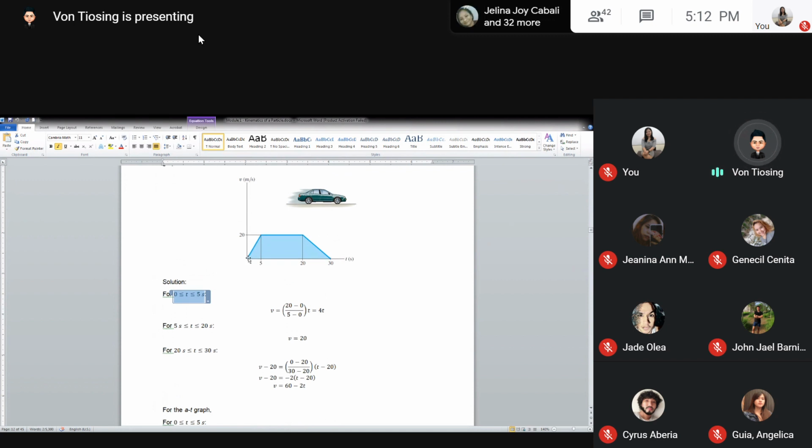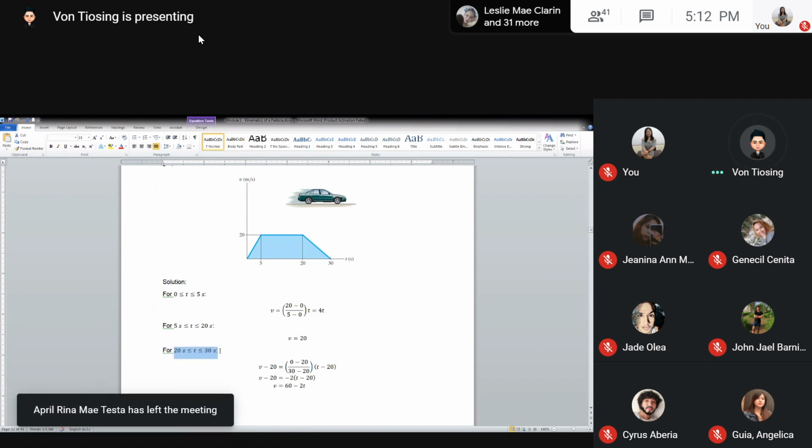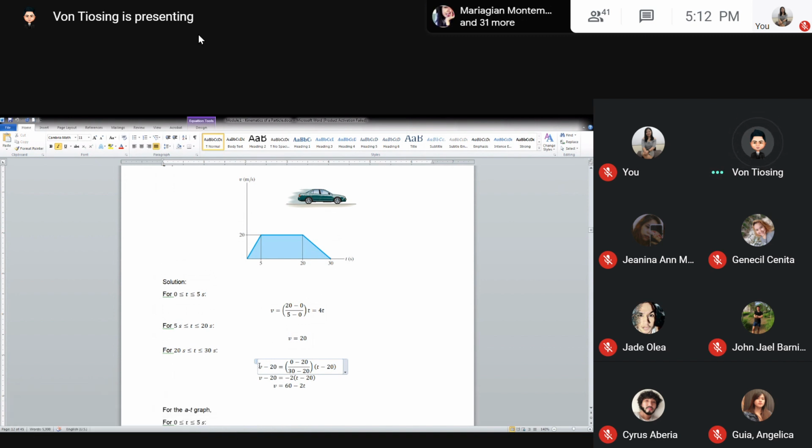Take note, it is just like a coordinate system, where this is x and this is y, only the variables were changed. So v equals 4t. Then from 5 seconds to 20 seconds, the velocity is constant at 20 meters per second. For 20 to 30 seconds, we use the two-point form of a line.